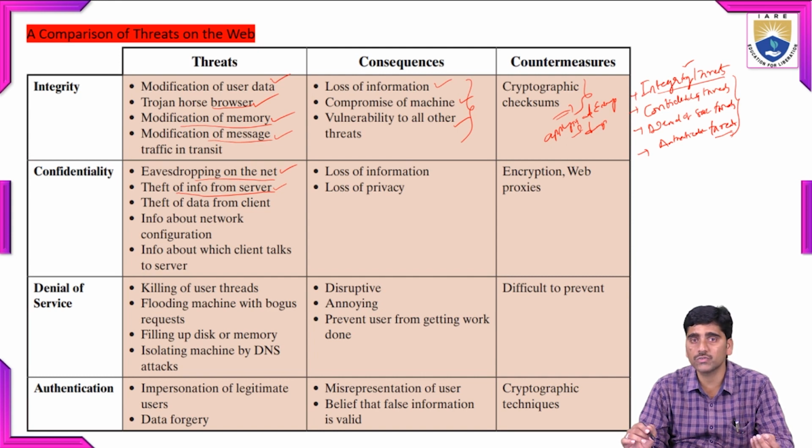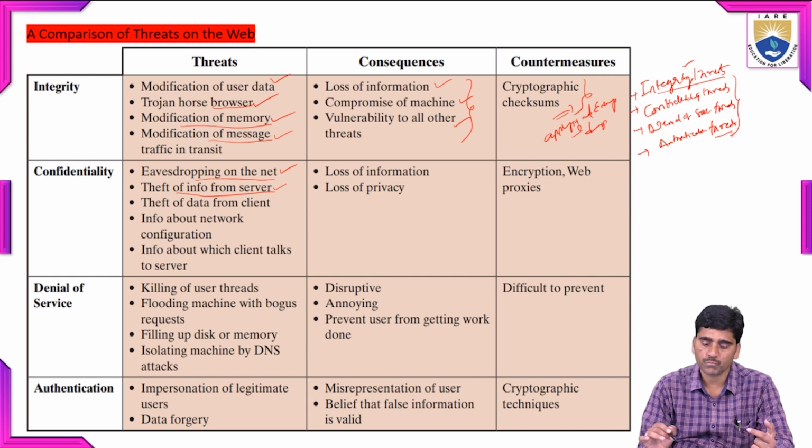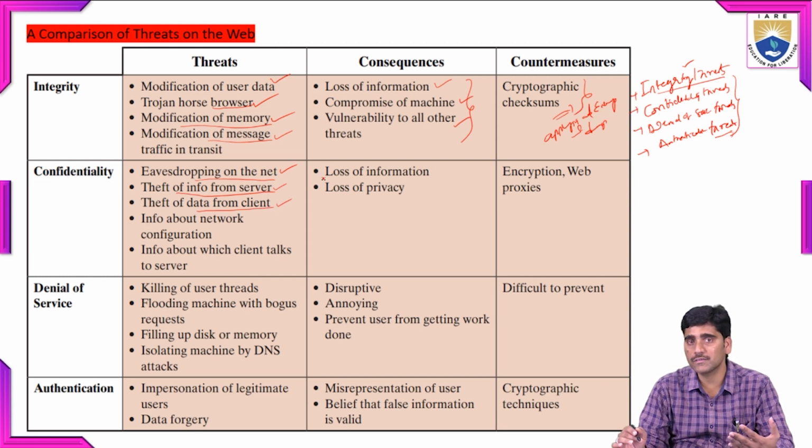So there is a chance to lose the data during the transmission flow, and from the server also. And theft of data from the client also, because the client and the server transfer their data, right?